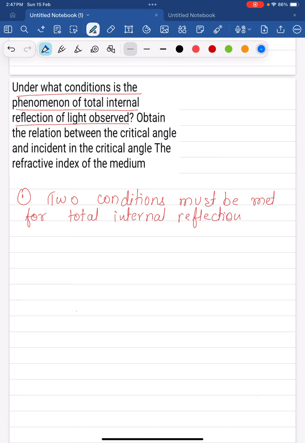First condition is light should travel from optically denser medium to rarer medium.